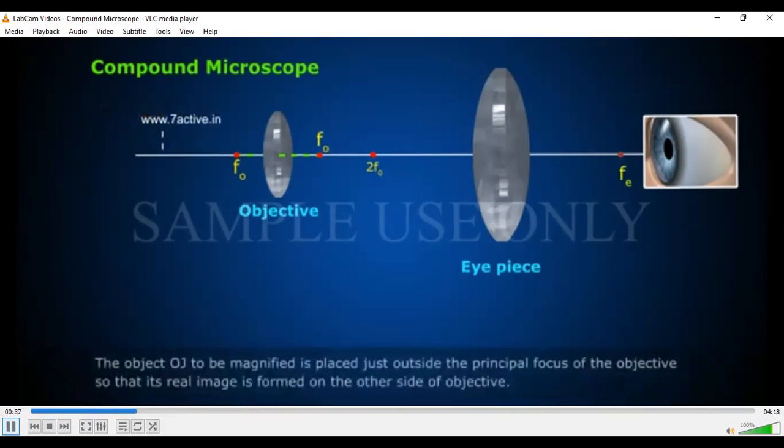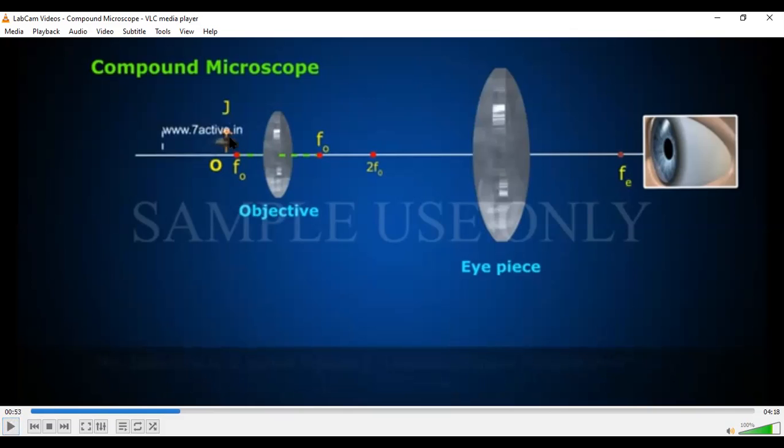Working: the object OJ to be magnified is placed just outside the principal focus of the objective so that its real image is formed on the other side of the objective.